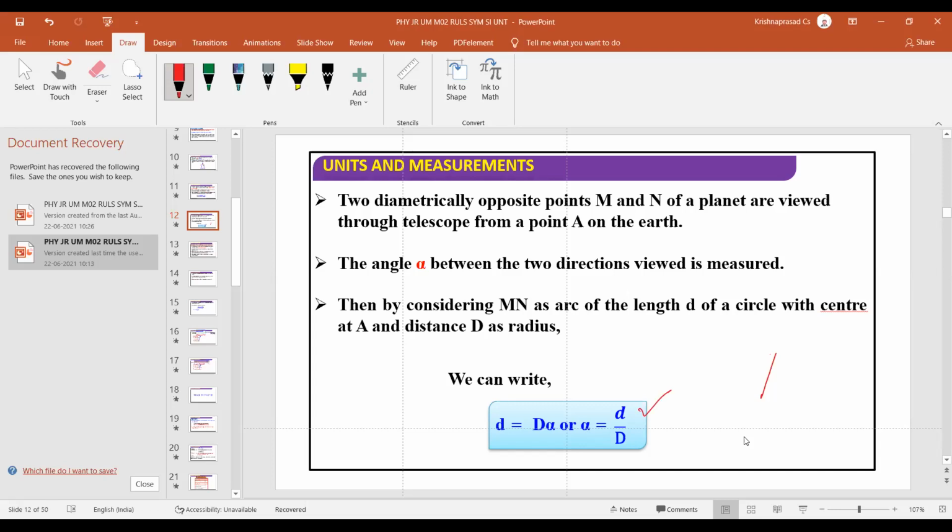So instead of theta, you may write alpha. Alpha is equal to small d divided by capital D.